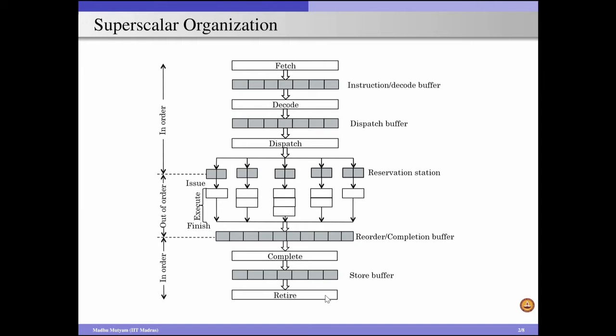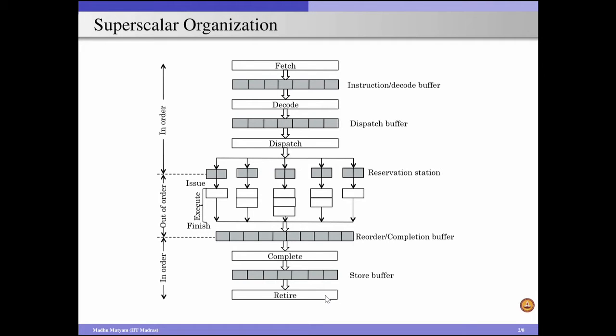So in order to minimize the penalty associated with store operations, we typically consider a store buffer, where after the completion stage of the store instruction, we write to the store buffer, so that this store operation is said to be completed from the processor's point of view, but the actual write operation happens only in the next stage, that is the retirement stage.